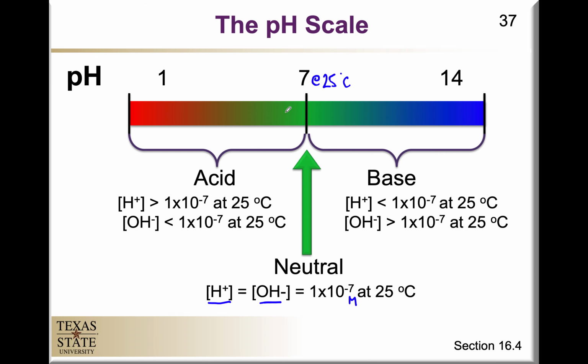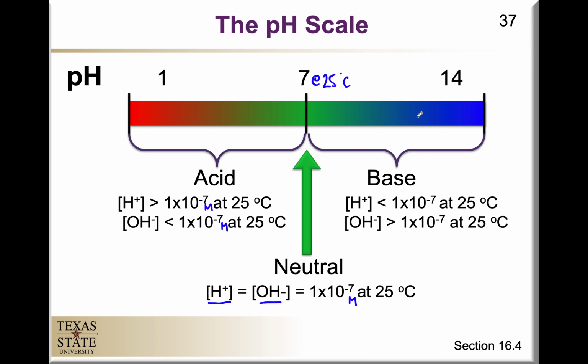Now, any solution that has a pH lower than 7 at 25 degrees Celsius would be acidic. An acidic solution means that the concentration of the hydrogen ion is greater than 1 times 10 to the minus 7 molar, and that the hydroxide ion concentration is less than 1 times 10 to the minus 7 molar at this temperature.